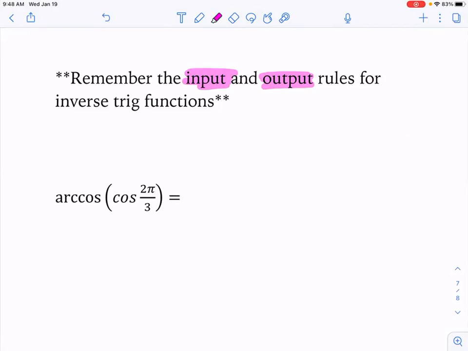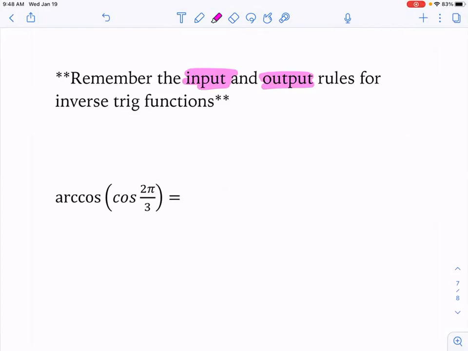Inverse sine and inverse cosine have inputs between -1 and 1. Inverse sine and inverse tangent have outputs -π/2 to π/2. Inverse cosine has an output of 0 to π.